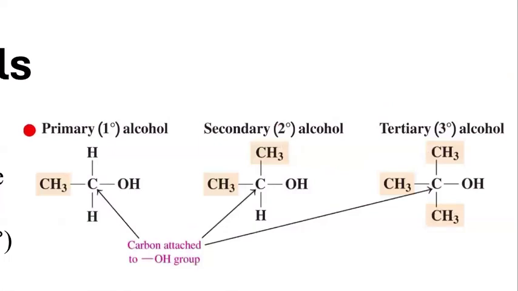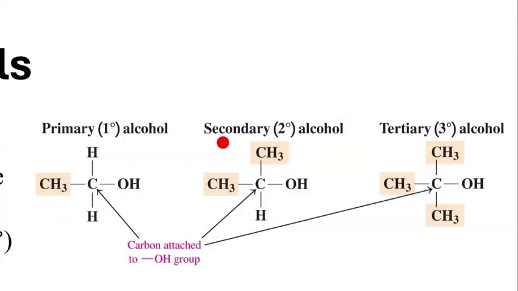The classifications of alcohols are primary alcohols, which can be denoted by this number 1 in that little circle. In a primary alcohol, your carbon with the OH is connected to one carbon chain.